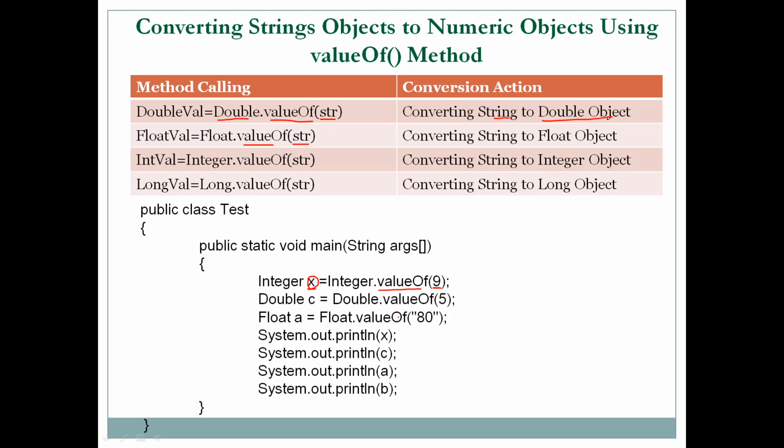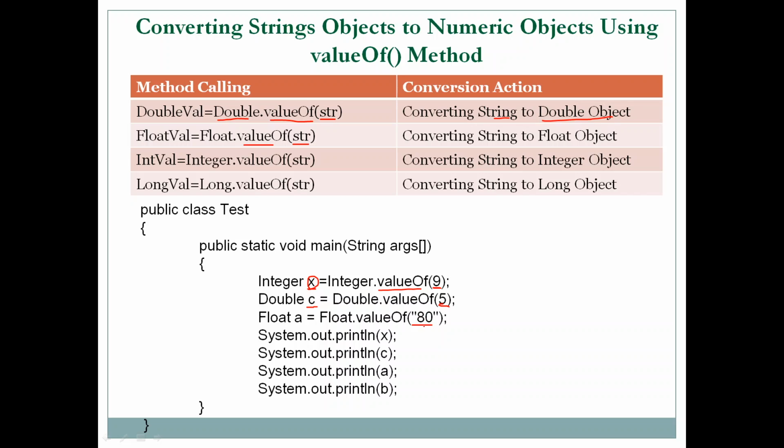Again, if I want to convert this 5 into object type Double, I may use Double.valueOf(5), and that will be converted into an object Double. In the same way, Float.valueOf, I am converting to a Float object, and what I am converting is 80 enclosed in double quotes, remember. When I enclose something in double quotes, that is considered a string.